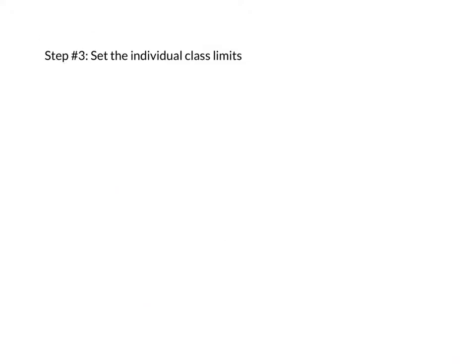In step number 3, to set the individual class limits, we know from our previous calculations that we're going to have 5 classes, and our class interval is going to start at 10. So when we look at these class limits, I'm going to start with a multiple of my class interval, which is 10. So I'm going to start with 50, and I know that that accommodates my smallest value.